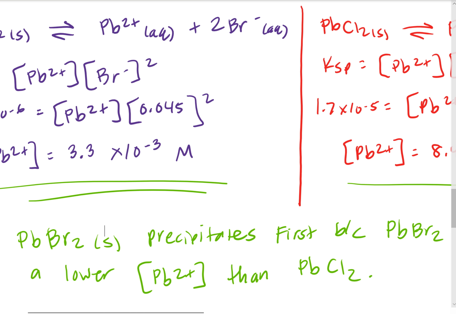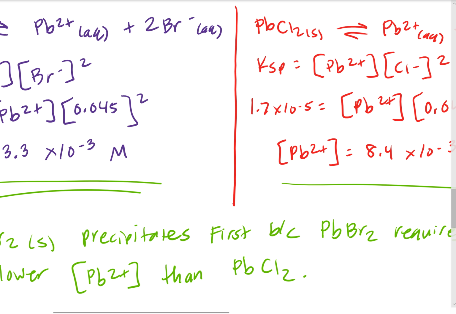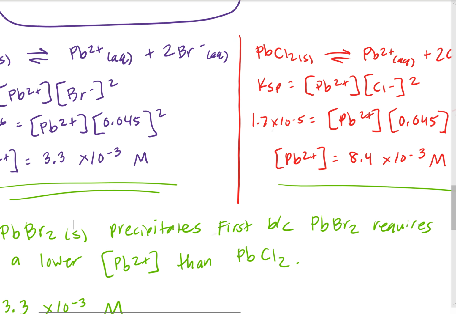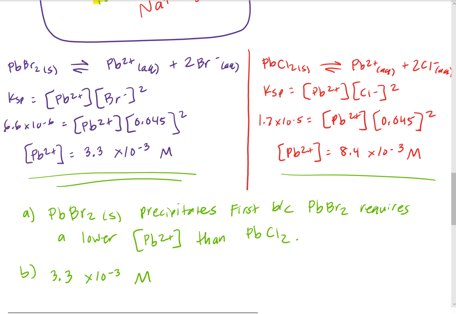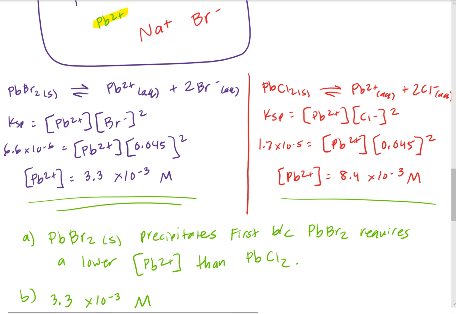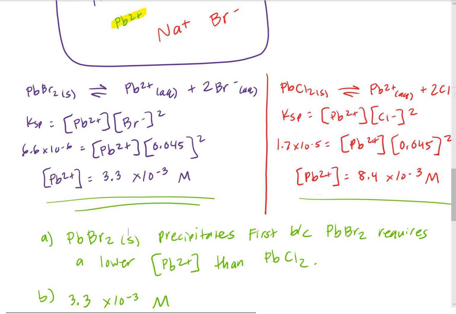They have lead to the first power and bromide squared, or the chloride squared. That negative ion is being squared. And the bromide is 0.045 and the chloride is 0.045.